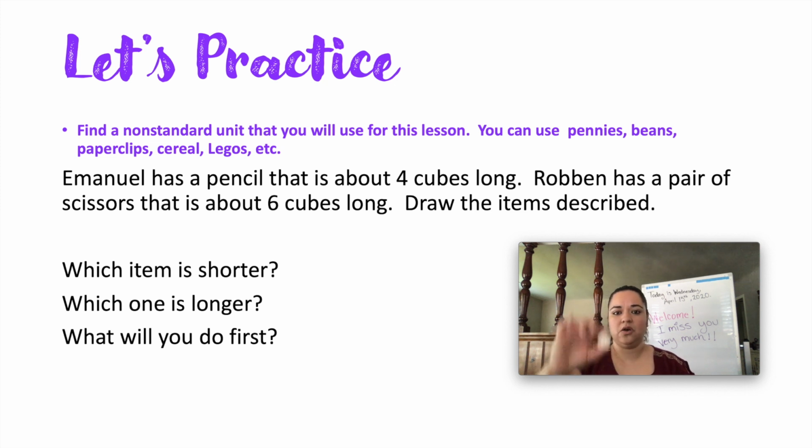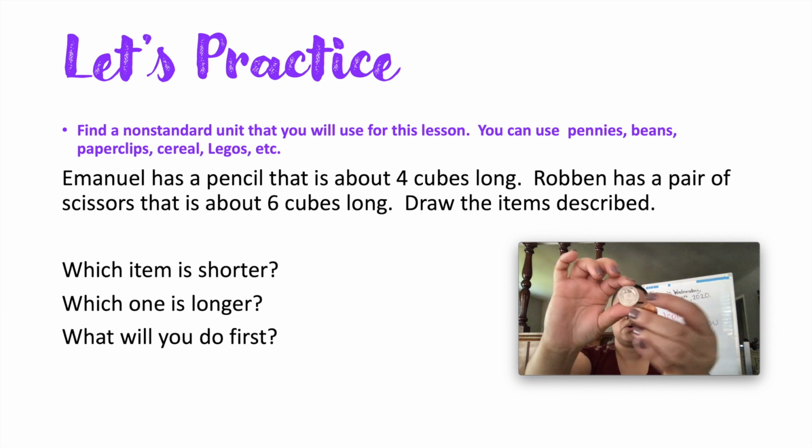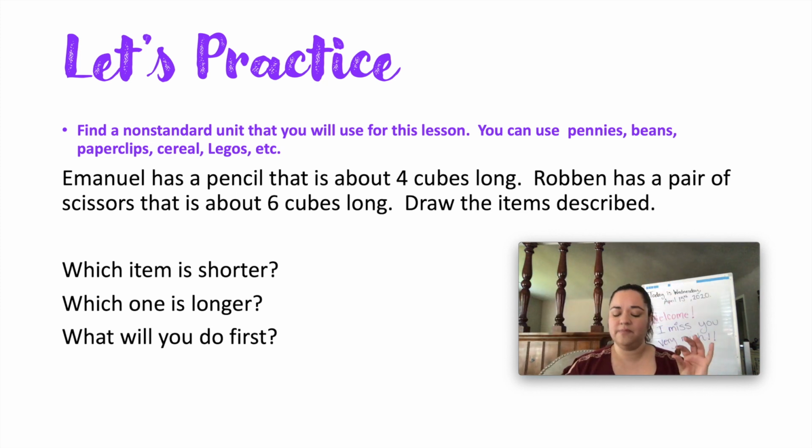See, if I use a quarter and a penny to measure my object, that's not going to work because the length of the quarter is more than the penny. So all of my units have to be the same. So if you're using coins, make sure you're using either all pennies, all quarters, or all dimes. If you're using beans, then that's all you're using, beans. You're using paper clips, and that's all you're using, paper clips. Right, so let's get started.